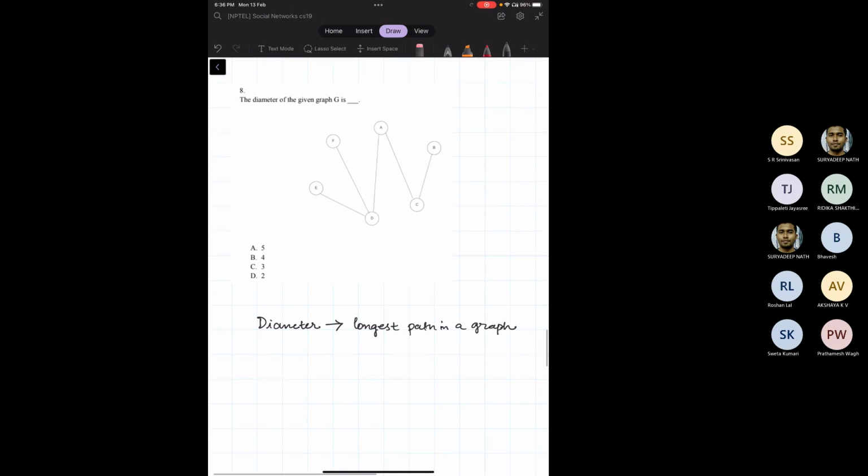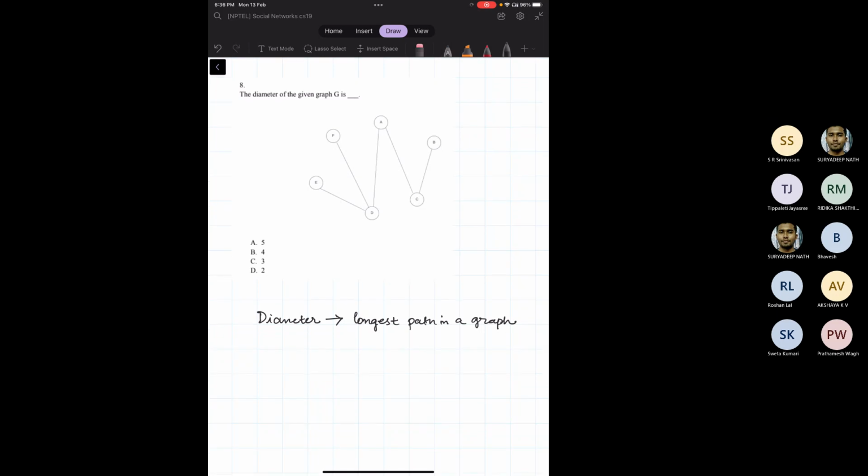So what is the longest path in a graph? Given the nodes, between any two nodes there always exists a path, but which of them is the longest? So that is the diameter.